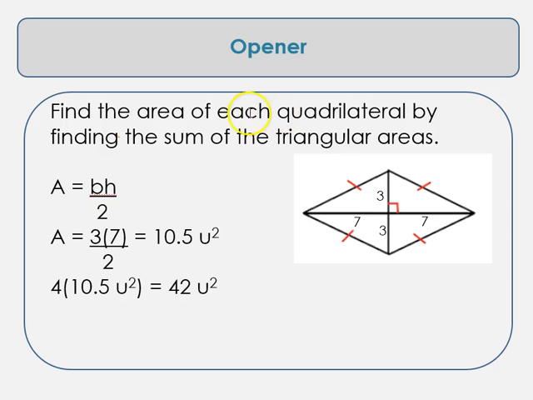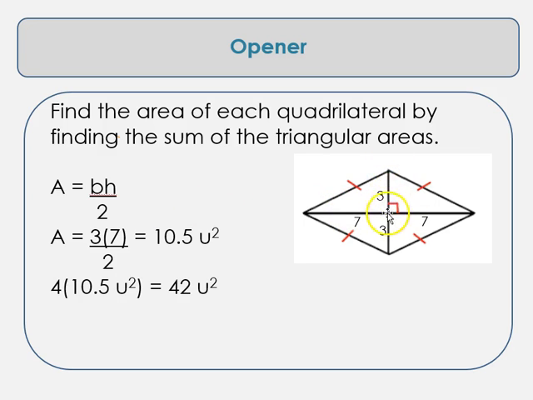So let's go ahead and find the area, and what we'll do is solve the area of one triangle and then multiply it by 4. So we have area equals base times height divided by 2, or if you're more comfortable with it, 1/2 base times height.